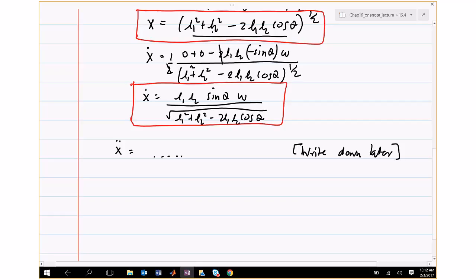So the key idea is, when you're solving the motion of bodies which are connected the way like this particular problem, you need to write x.